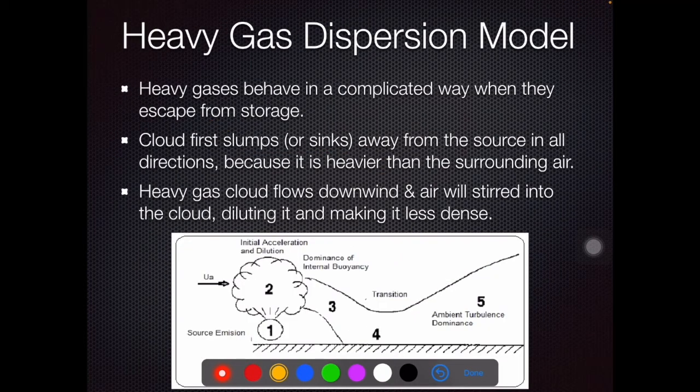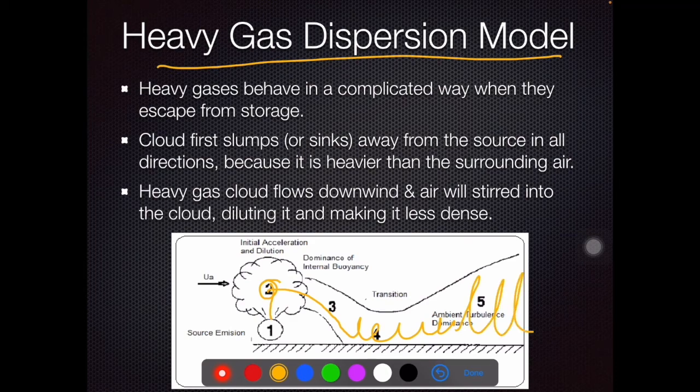Different from the Gaussian model, we have a heavy gas dispersion model as well. In a heavy gas dispersion model, at the point of release the gas moves upwards. However, because the gas is heavy in density, it will move downwards into the ground area, where after that, due to the turbulence of the air, it will start to disperse.